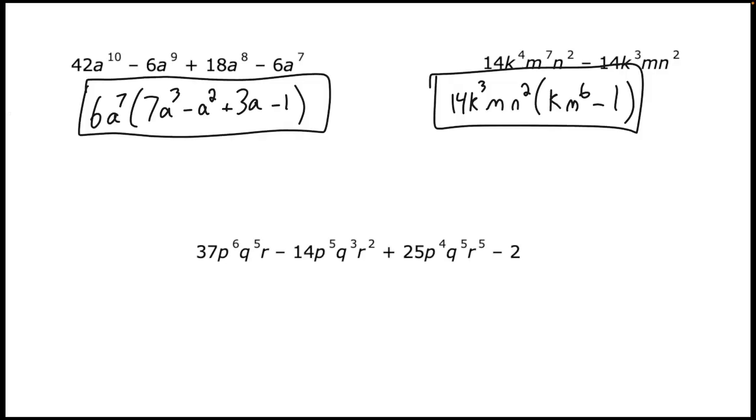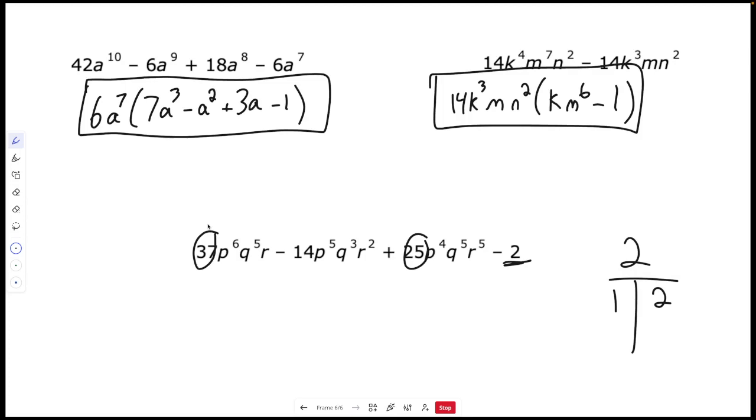And now the last problem might have seemed a little tricky, because it is. The lowest coefficient is 2, so you should have started, okay, what are the factors of 2? 1 and 2. 2 does not go into 25, it doesn't go into 37. So the greatest common factor is 1, and then how many p's are in all of these terms? What's the lowest p in all of them?